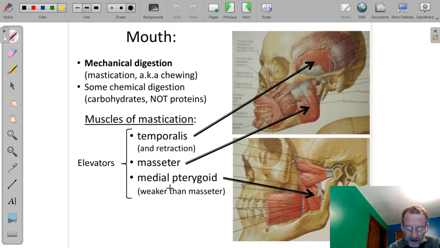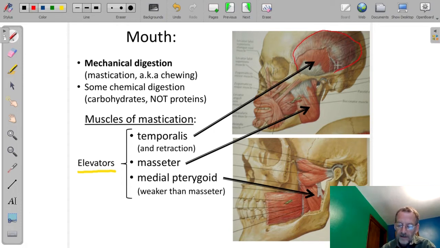Here are 3 of them, and these are, for the most part, elevators. They elevate the mandible. So you should remember the temporalis, which is a large sort of fan-shaped muscle on the temporal region of the head.